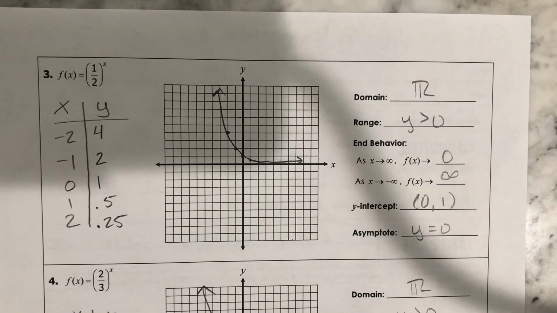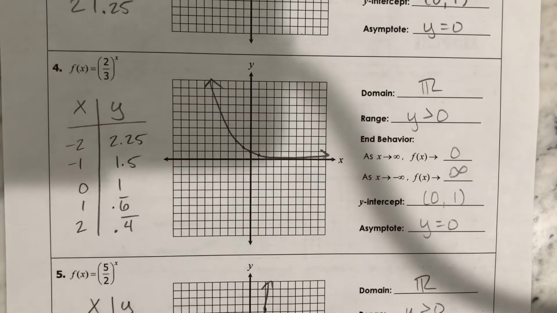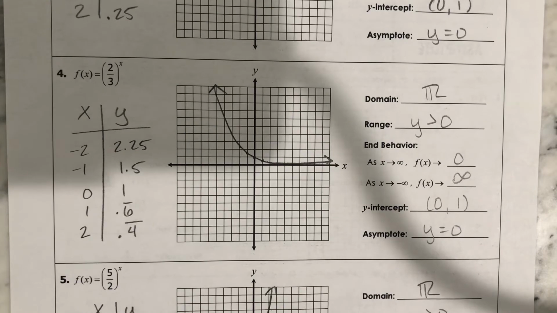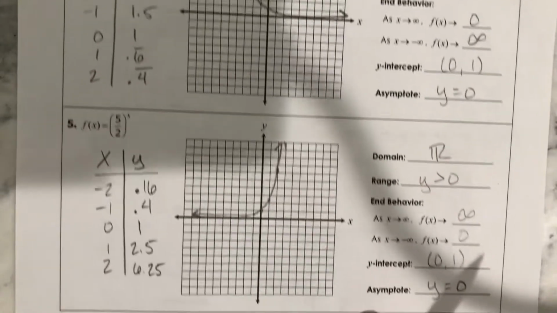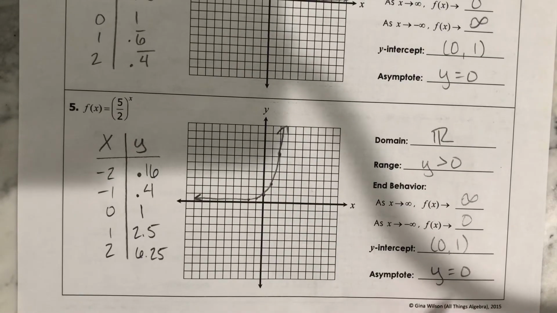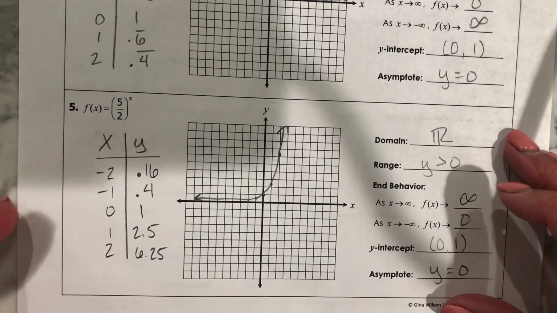You can pause it as you need. Here is number 4. Pause as you need. And number 5. All right, so that's our first learning target, graphing these exponential functions and giving all the key features.